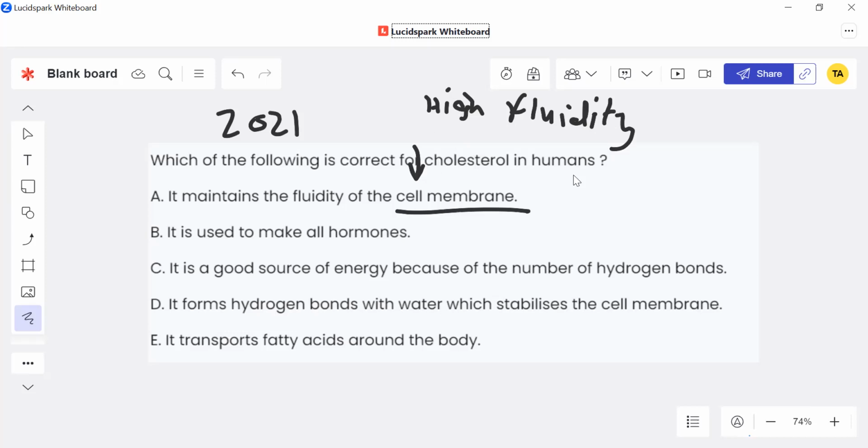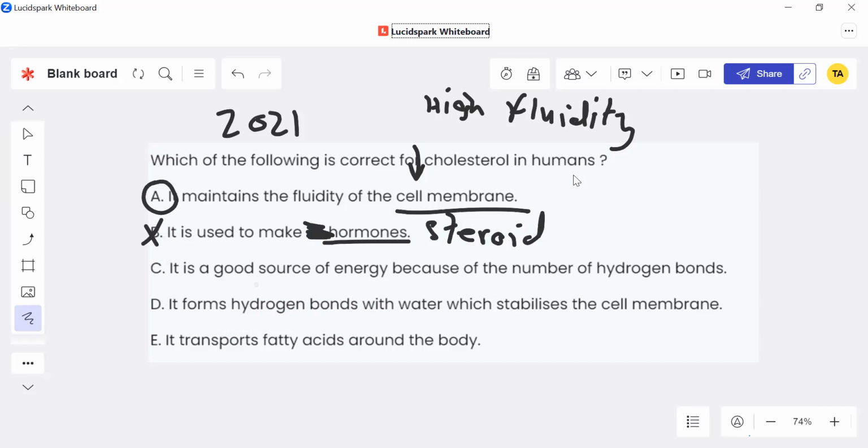If you want low fluidity, you would increase the cholesterol molecules. And B says that it is used to make all hormones. Only some part of the statement is true, that yes, it makes hormones, but not all hormones. It only makes steroid hormones. So B is definitely wrong.